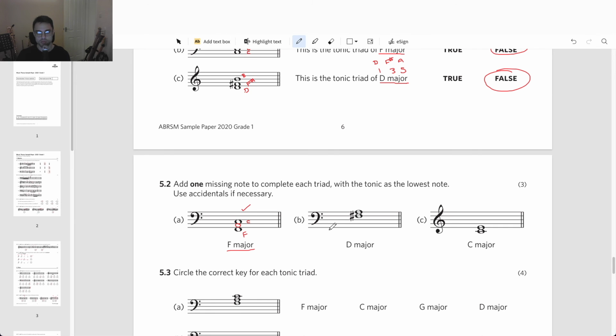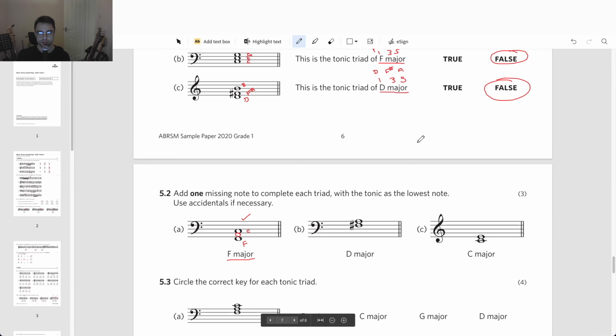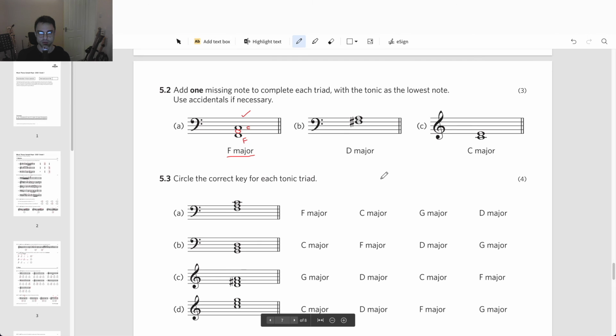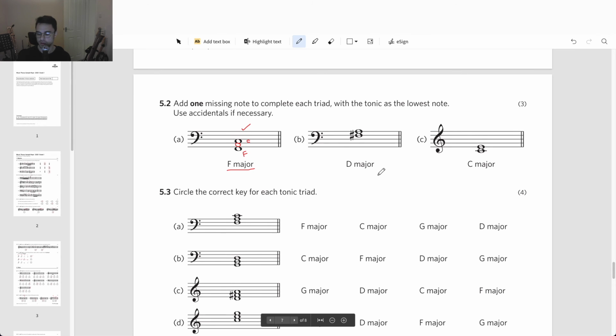All right, question B. We're in the bass clef, and they are asking us for a D major. So once more, this is one we've done. We know that D major is D, F sharp, and A. So what have we got to work with in question B?